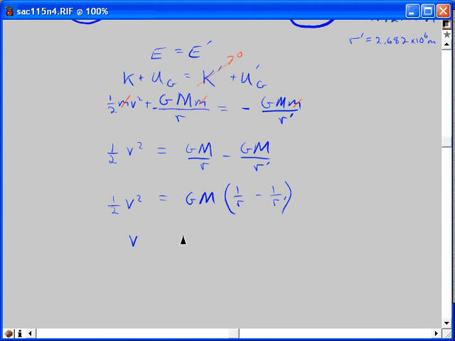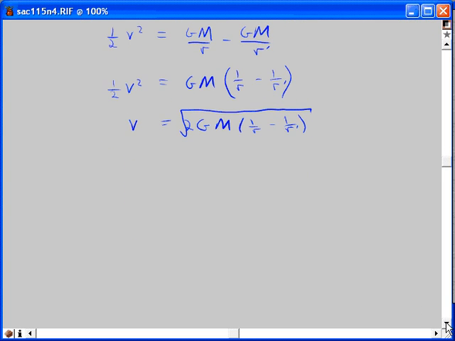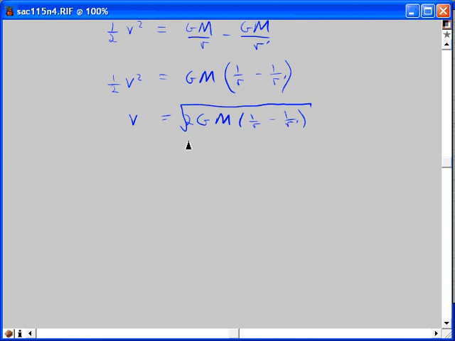Multiply both sides by 2 and take the square root. I get this expression for the speed with which the golf ball has to be launched straight upward in order to achieve the given height.